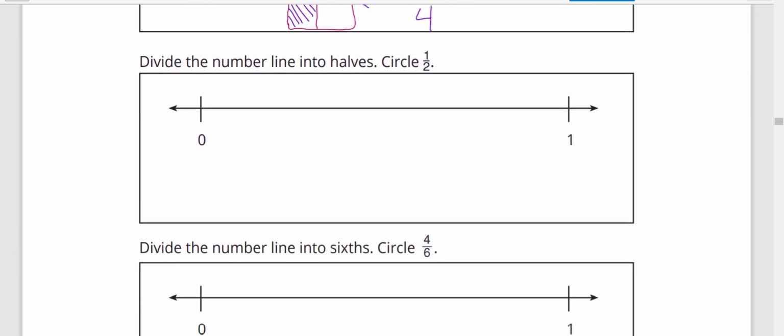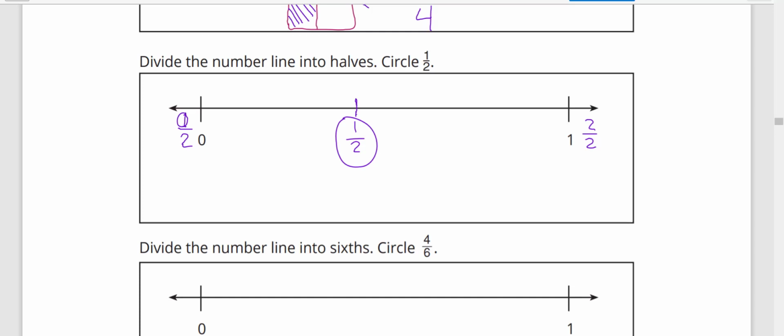Second one, divide the number line into halves. So we will divide the number line into equal parts like this. First, write 0 over 2 and 1 half and 2 halves. Okay, circle one half, this fraction.